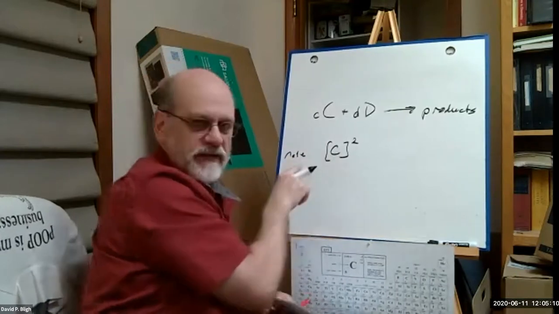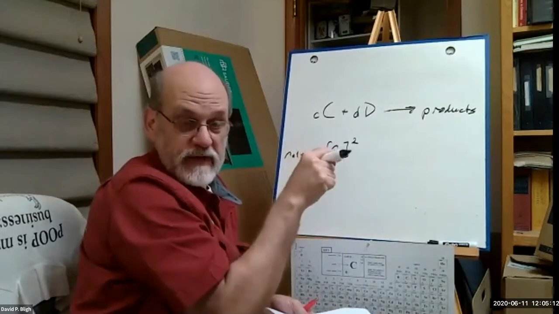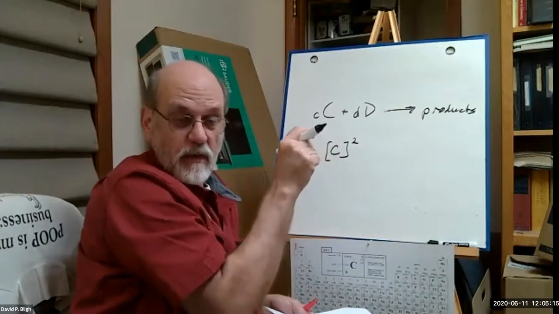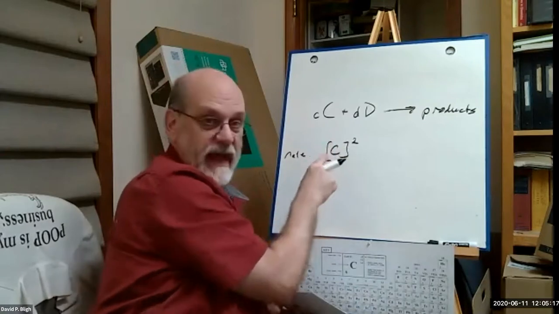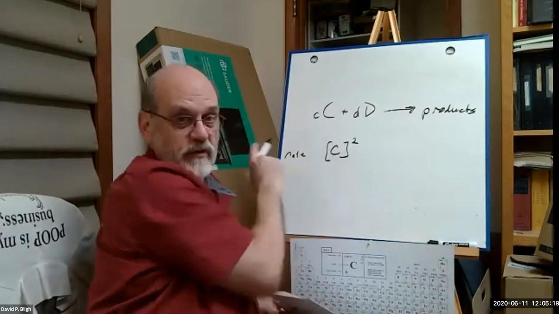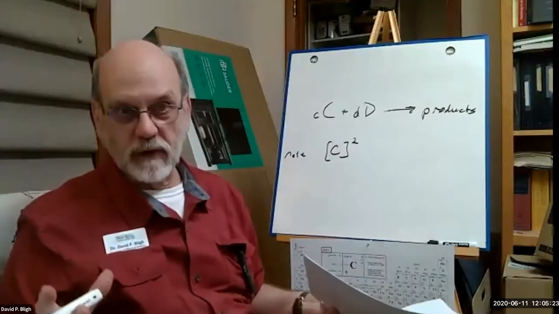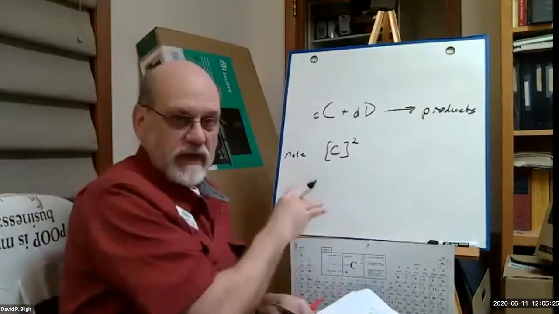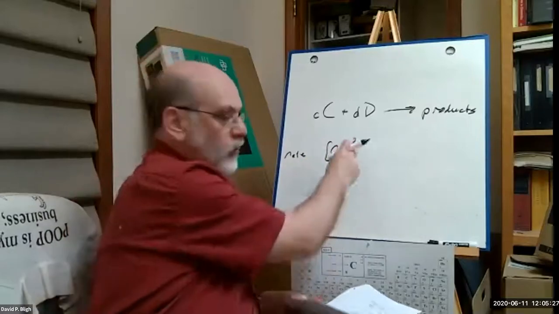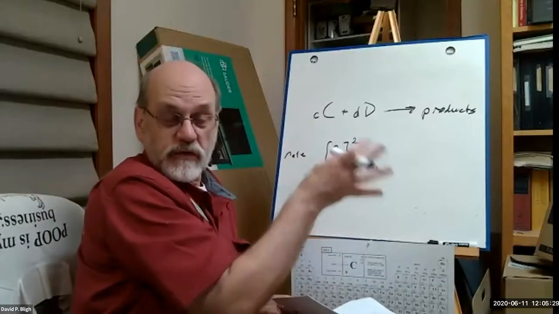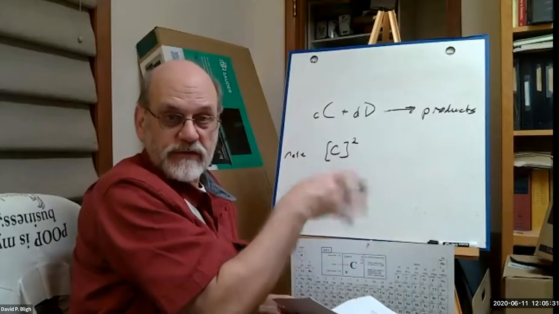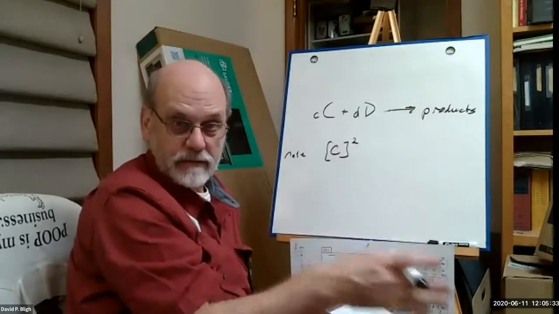Well, if you double C, it's got a 2 in front of it now, right? Well, everything inside that bracket has to be squared. So what happens to the rate? If you square 2, what do you get? 4. So you increase the rate by 4 times if the order is 2. If the order is 3 and you double it, then it's 2 times 2 times 2 is 8.